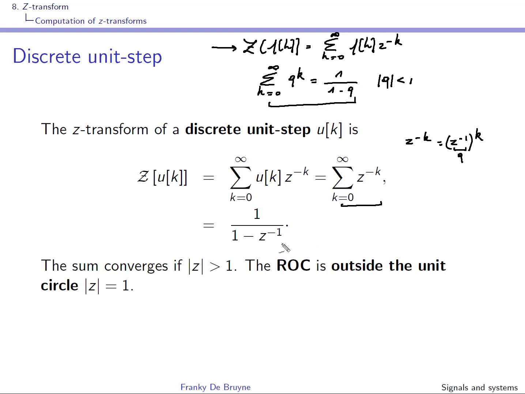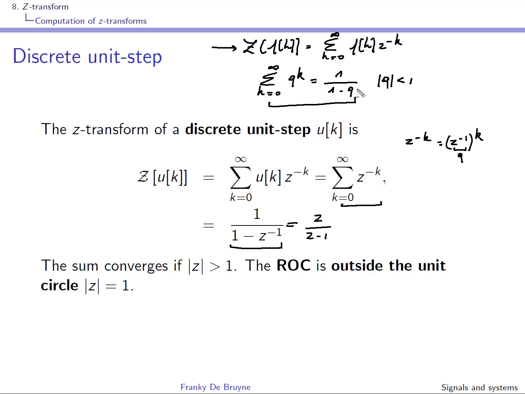So you end up with this rational function that you can rewrite also as z divided by z minus 1. You will see in the course that often we will work with the variable z minus 1, and in other cases we will work with the variable z, right?